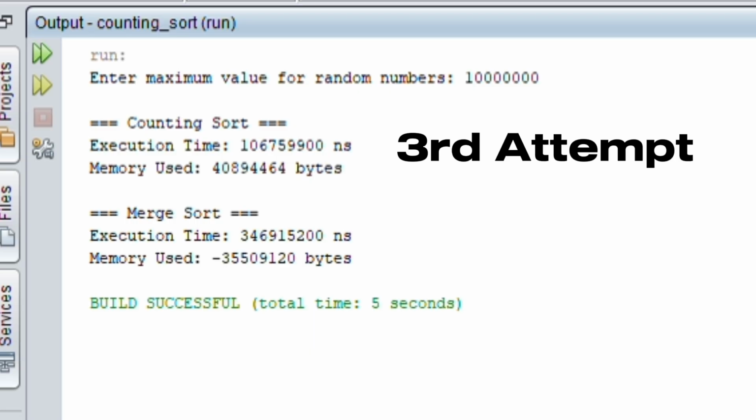So in this case, the assessment of our algorithm and the comparison analysis was proven: the counting sort algorithm is good for datasets with a fixed range and not for larger datasets.